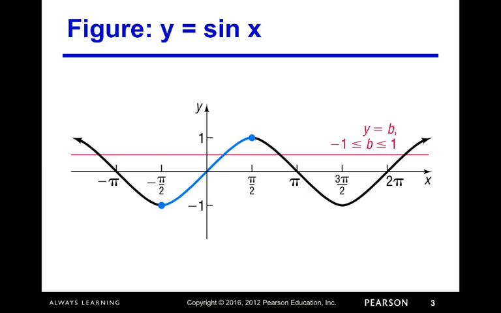And because of that, we can't find an inverse of anything that has repeating y values. So if we want to find the inverse of a sine function, we have to restrict the domain so that it has only one set of y values.